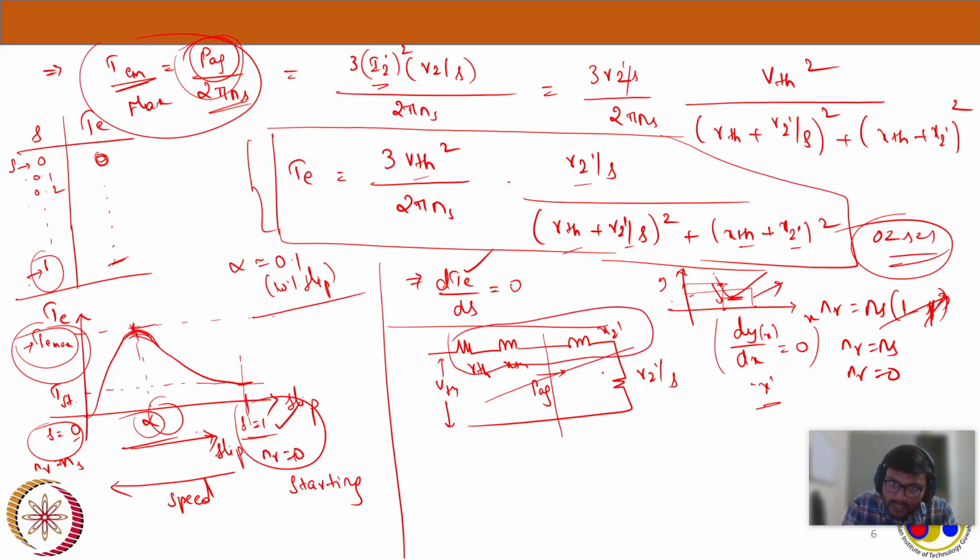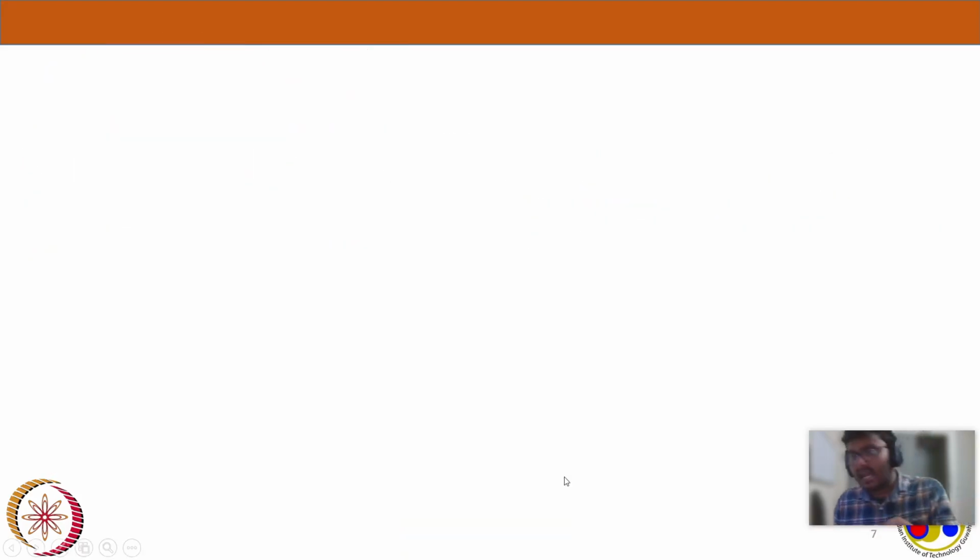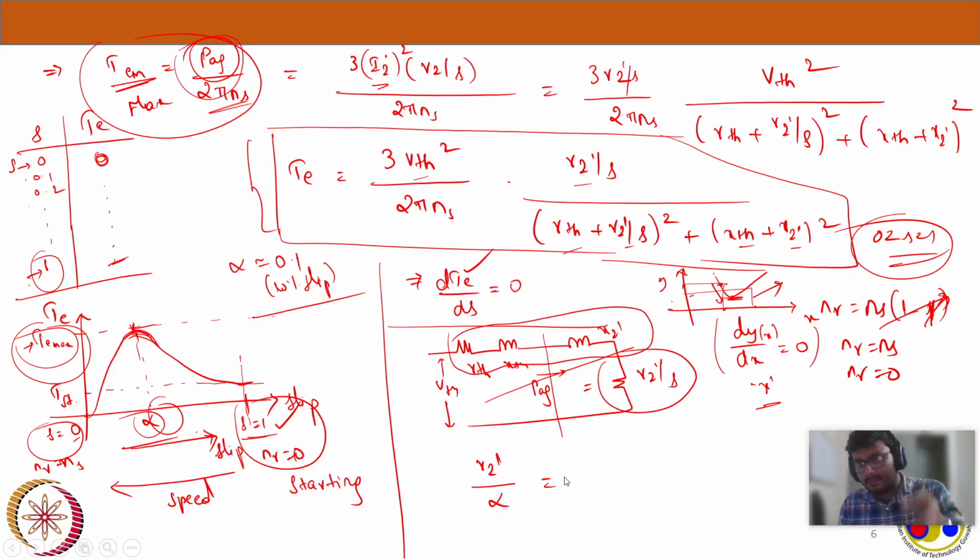I want to make this impedance equal to my load impedance so that I can guarantee my maximum power can be transferred. At this instant, I am writing the slip as alpha, because that is the slip where my maximum torque will occur. Now R2 dash by alpha, if it is equal to the equivalent resistance, what is the equivalent resistance? Square root of RTH square plus XTH plus X2 dash whole square.